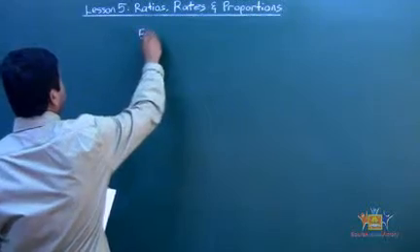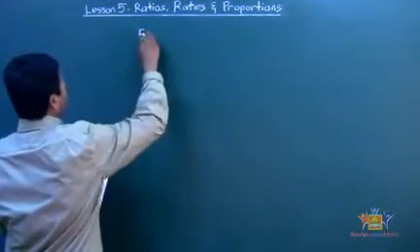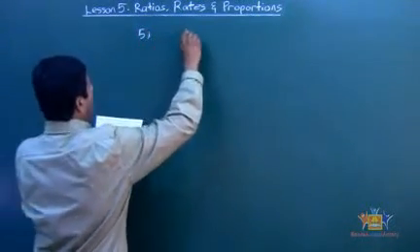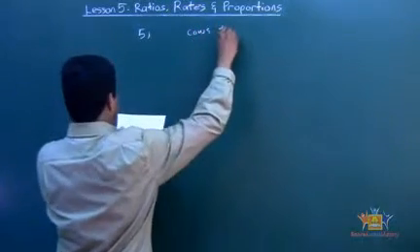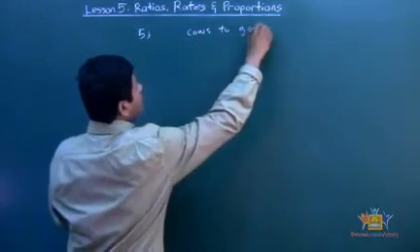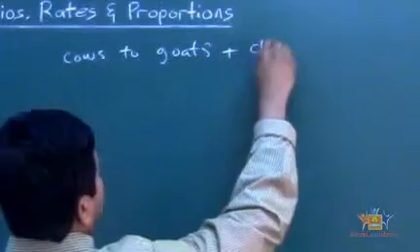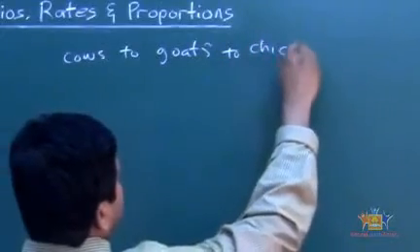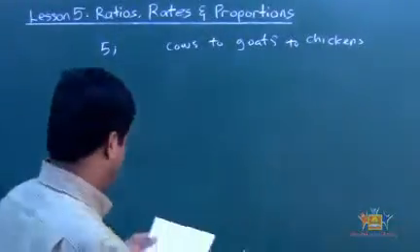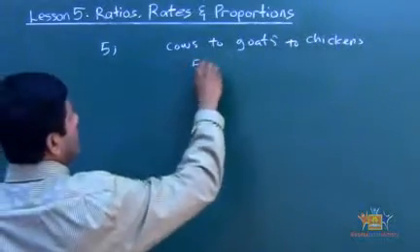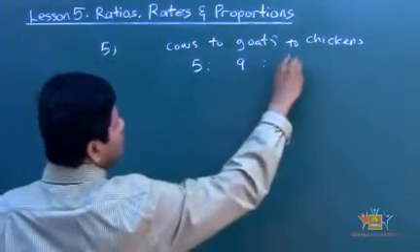Let's write that down. Problem 5, you're given the ratio of cows to goats to chickens, and the ratio is 5 to 9 to 12.